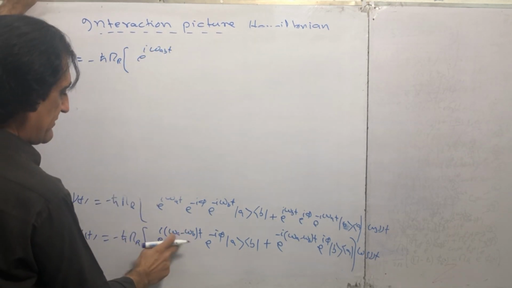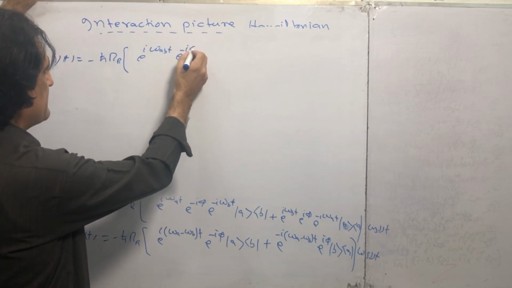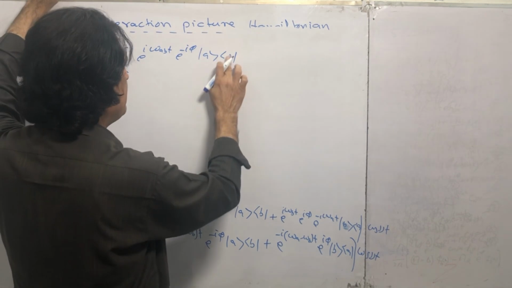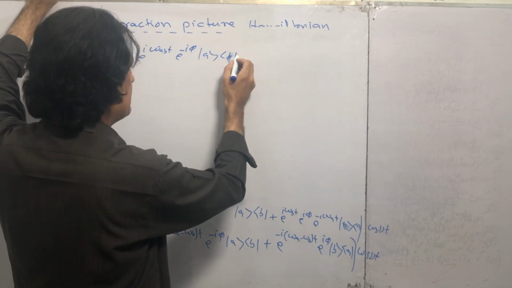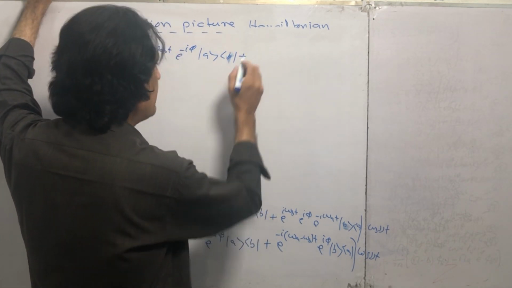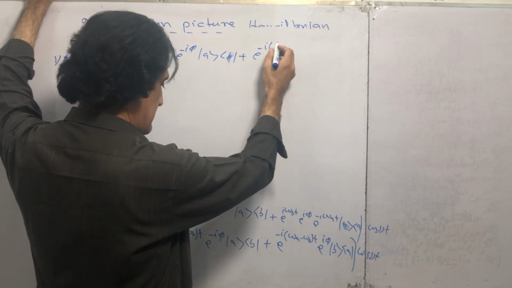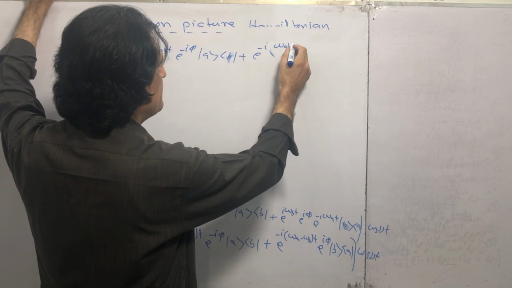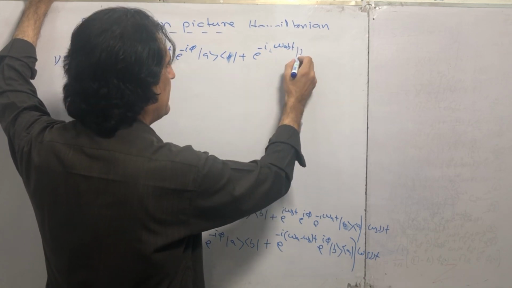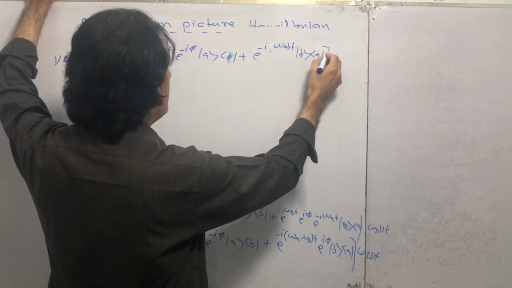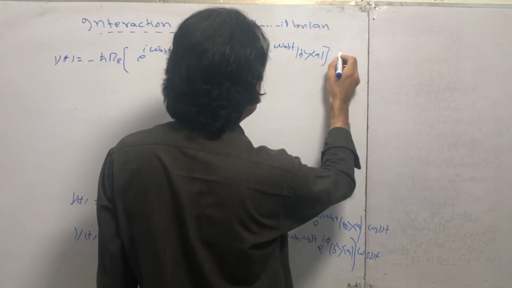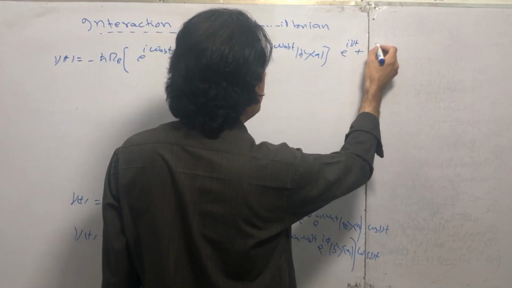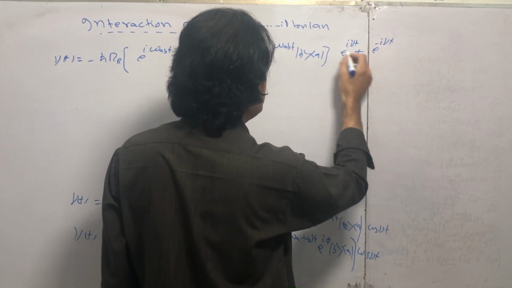This is the transition frequency, and e to the power minus iota phi ab plus e to the power minus iota omega ab into t and ba. And cosine, we can write as e to the power iota nu t plus e to the power minus iota nu t divided by 2.